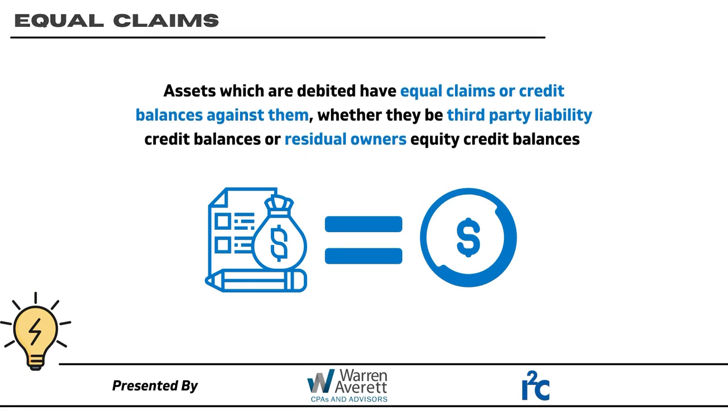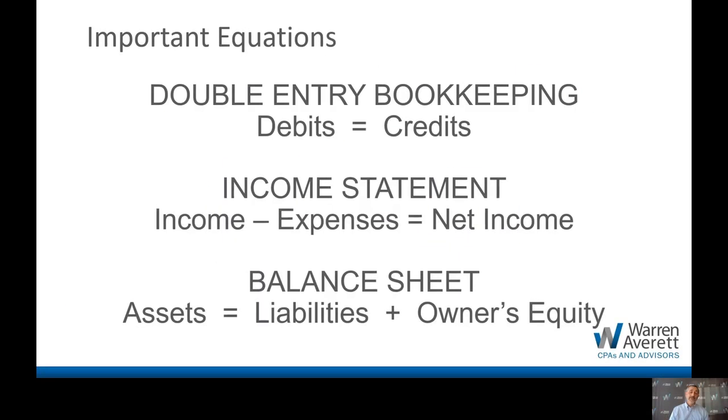But they equal, they balance. And if, as in the last video we talked about, owner's equity is increased by net income, then we know that the income must be a credit and the expense must be a debit.